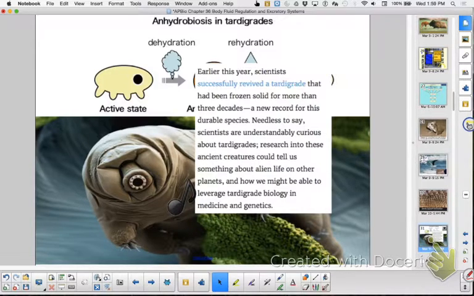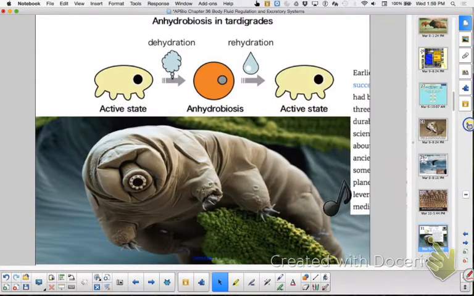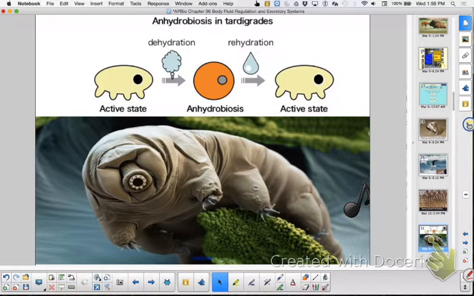And so they study them to look at maybe protecting our own tissues or discuss how life might originate on other planets. Anyway, the process here is they have the ability to go from an active to an inactive state just through dehydration. And I gave you that example there. So these are nematodes, these are worms, so clearly these aren't vertebrates, but I wanted to just throw that in there. Plus they look cool.